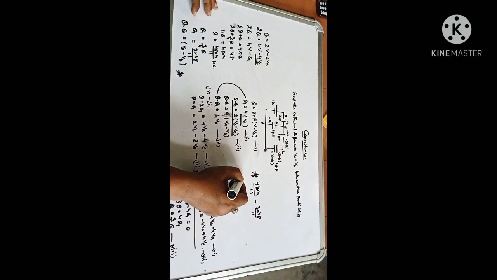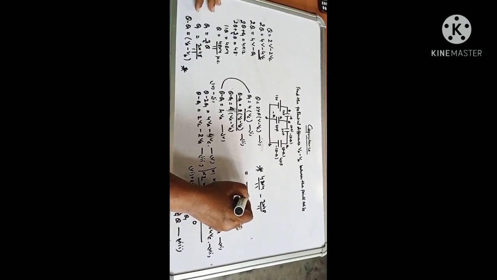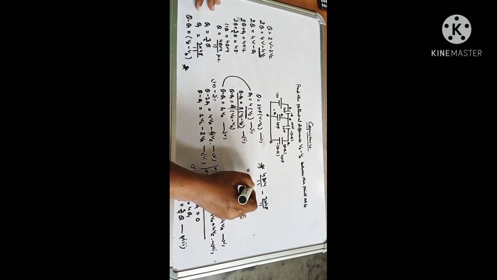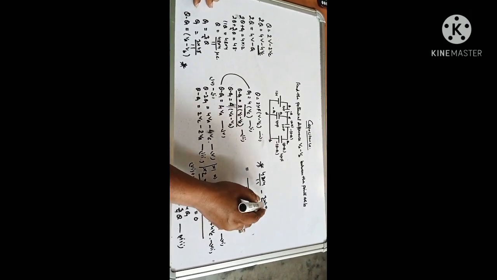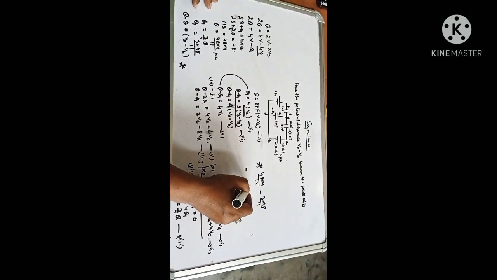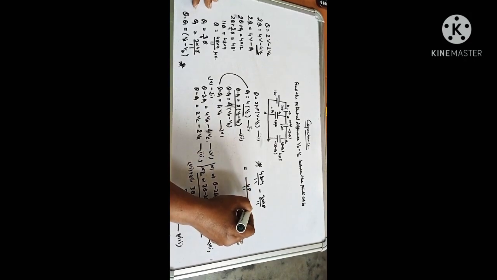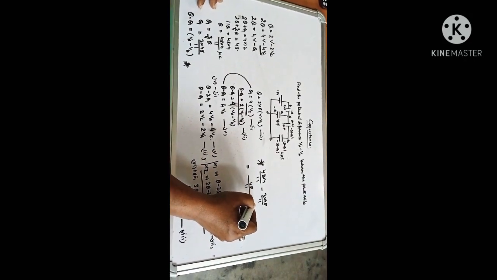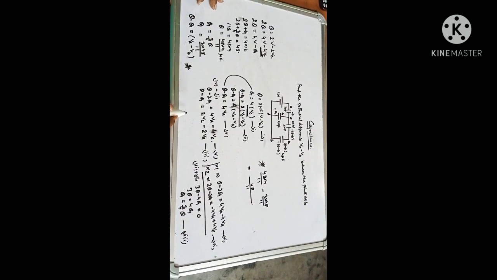So this comes out to be how much? 11 is the LCM, 48 common. So 4 minus 3 is 1. So this comes out to be 48 by 11.